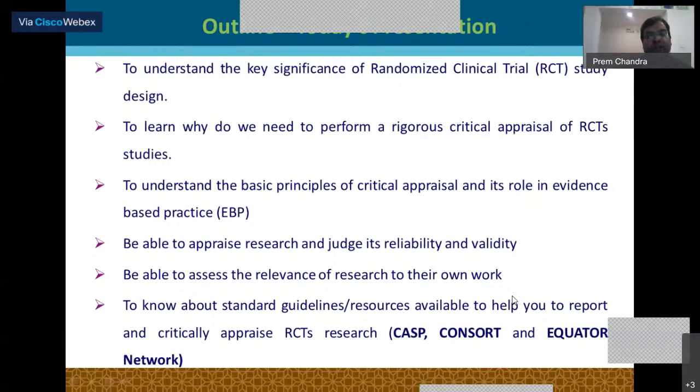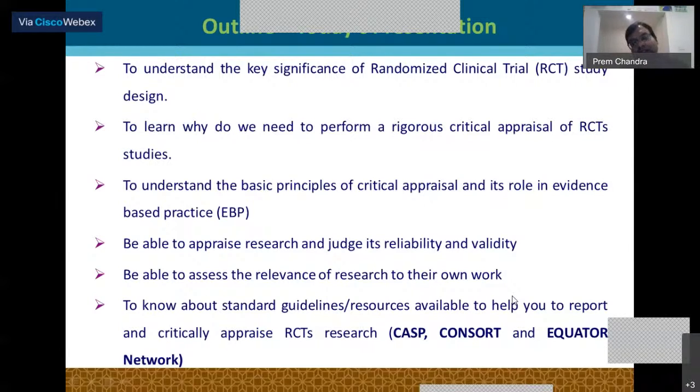I hope that by the end of the session, it will help you appraise research and judge its reliability and validity, and of course the relevance of the research to your own work.